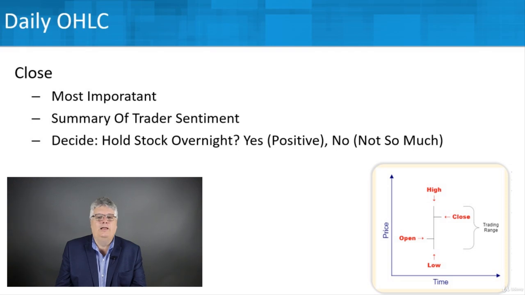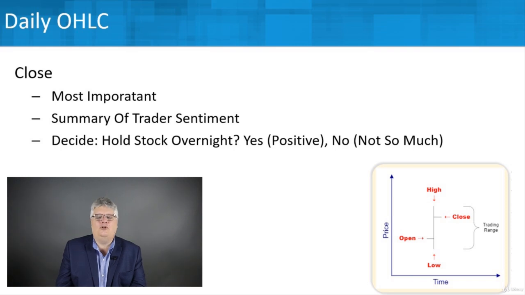That's the most important. It's really a summary of the trader sentiment for the day. It could open at anything, but at the end of the day, after all these highs and lows in the whole trading range, at some point there was trader sentiment and it closed. The last price of the day was the closing price, and that's where the trader sentiment was. A lot of people will buy and sell right towards the end of the day to close positions or lock in where they want to be.